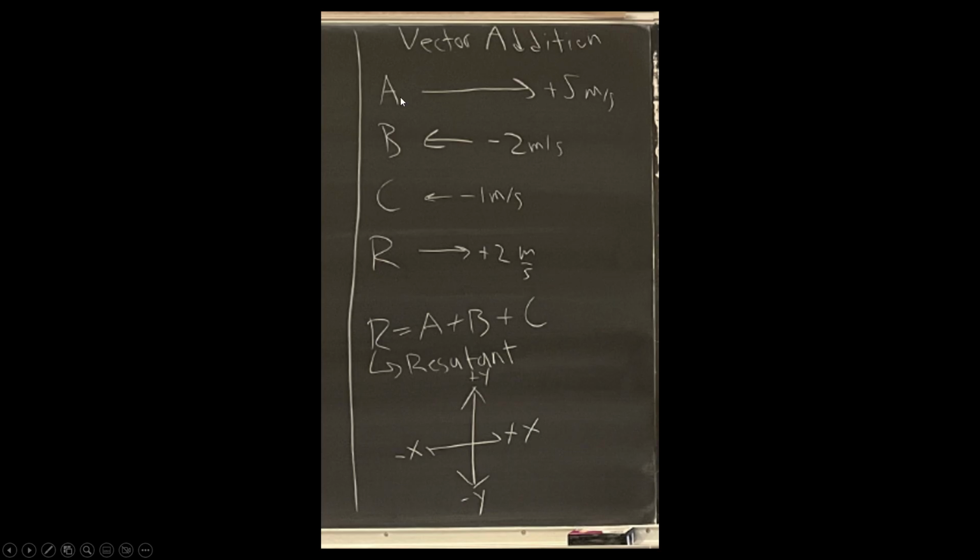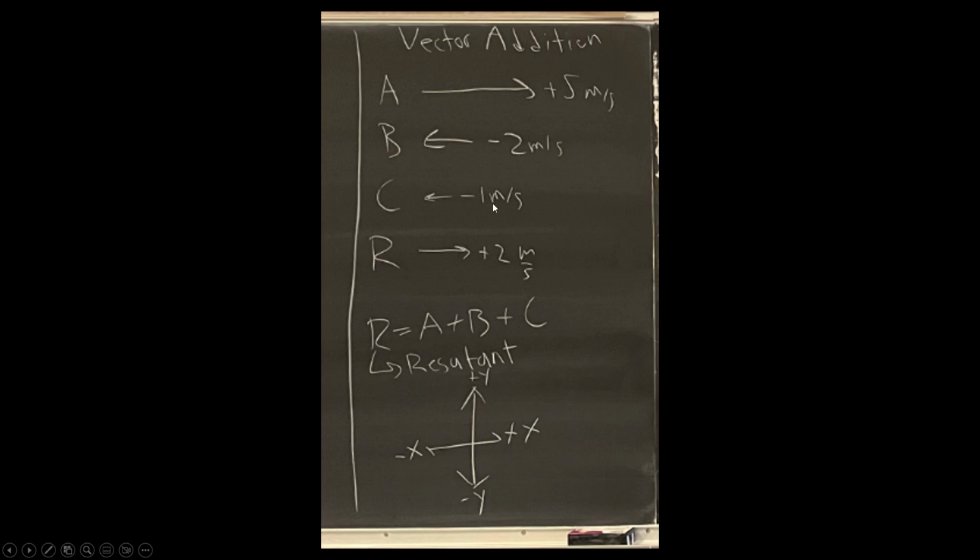So vector A has a magnitude of 5, so that's a pretty long arrow. It's positive 5, so the arrowhead is to the right. Vector B is negative 2. 2 is less than 5, so a slightly smaller arrow, and it's negative, so it's pointed to the left.